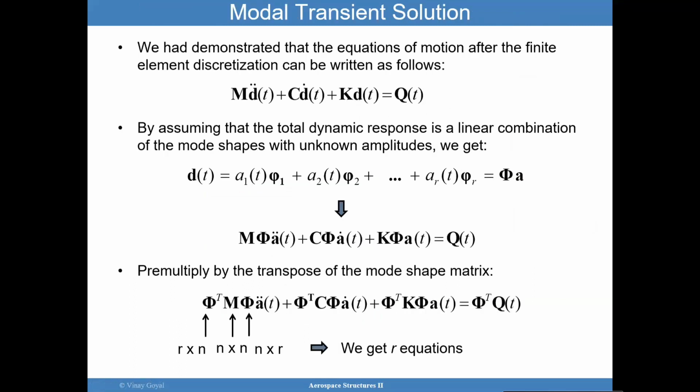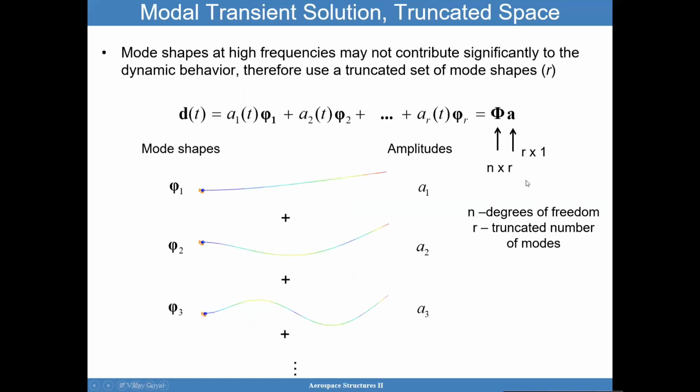And so we had already demonstrated that equations of motion after finite element discretization can be written in this manner. We showed you that, so that's not new. But I also know that D bold here, these are the deflections of the system. I've already shown you that D bold is phi bold times A. Notice how R and R cancel out.